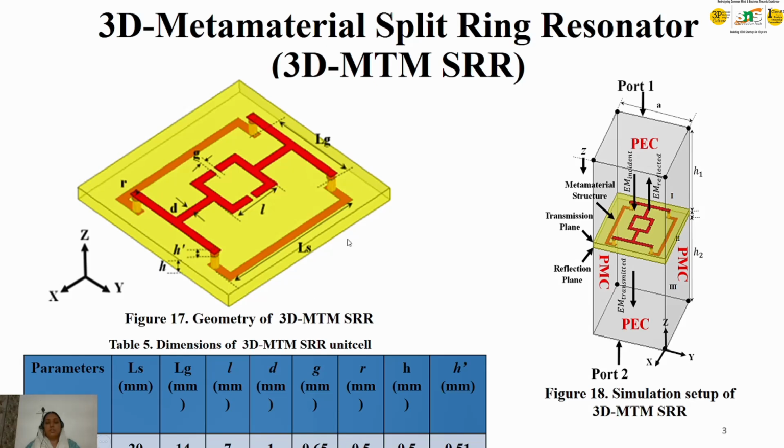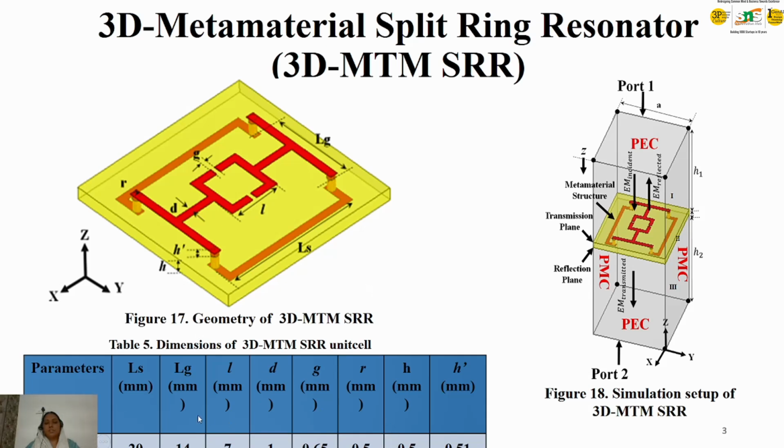Considering this structure with an air gap and a wire, the entire thing is called a 3D structure. The dimensions of the splitting resonator are shown here.